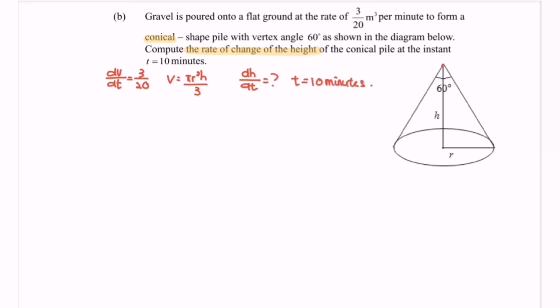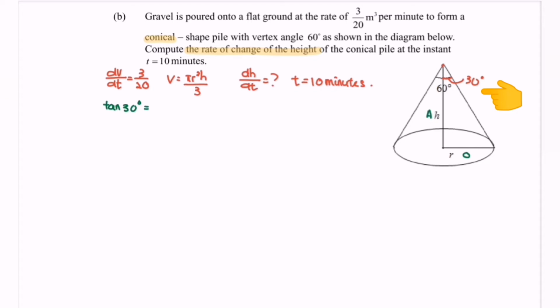Kindly refer to the cone or the diagram. Here we have the angle 60, meaning that the semi angle will be 30. Based on the info, tangent 30 degrees is equal to opposite, where we have the opposite as r, and the height h is the adjacent.